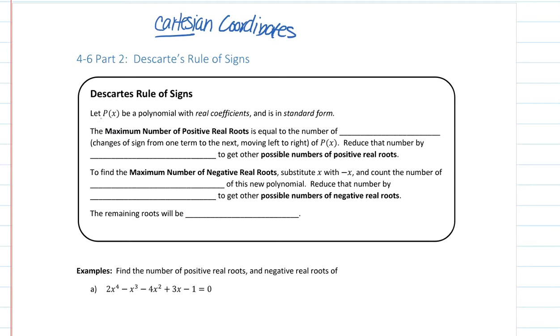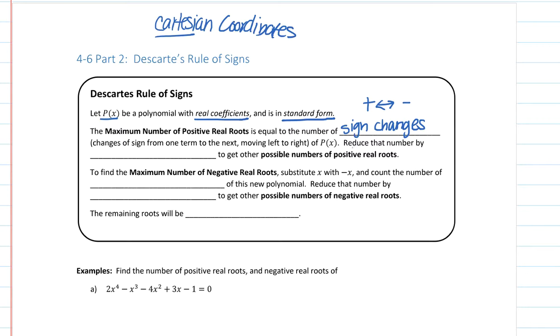First of all, you have to have a polynomial and it has to have real coefficients, so the coefficients can't be imaginary, and it has to be in standard form for this to work. So the maximum number of positive real roots is equal to the number of sign changes. So think from positive to negative or vice versa.